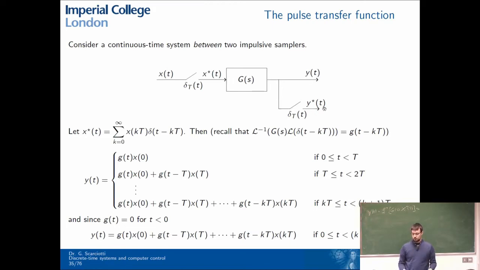Now what we want to do is to complete this description in the discrete time domain, to go from this block to a z block. How do we do this?